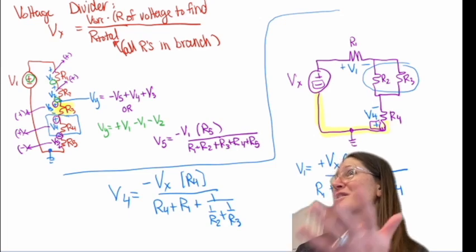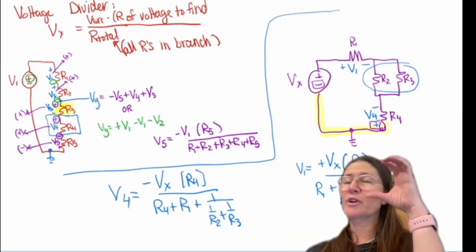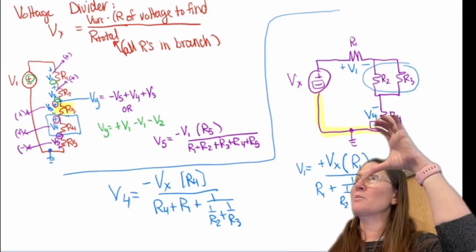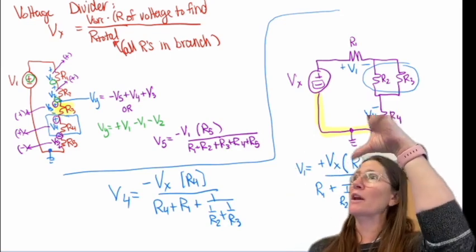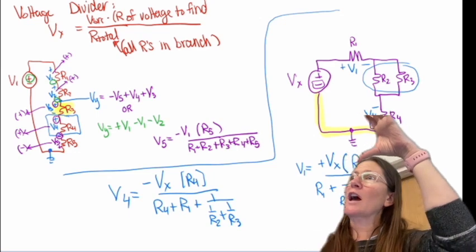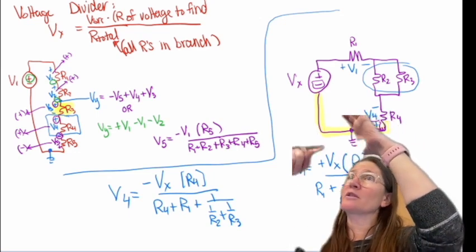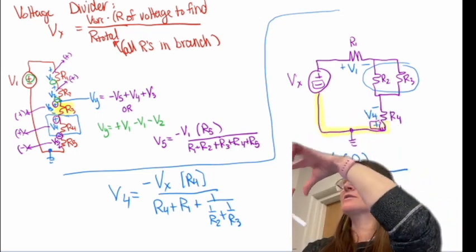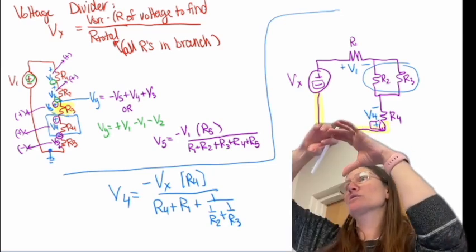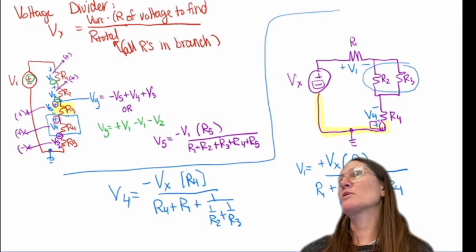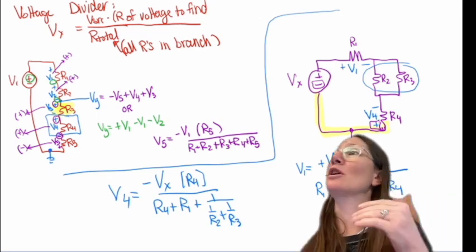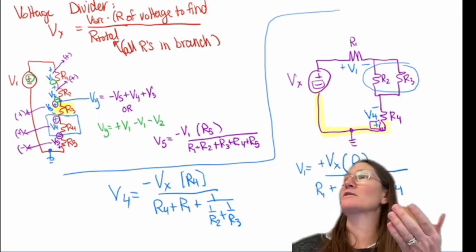The other way to think about it is you're from ground, you're looking at adding up all of the resistances to equal the battery. So in order to add them up, if it's plus on the top to minus, it has to be plus on the top of each of those as you add them up. So visually, if you look at it that way, you could also determine if it's plus or minus.